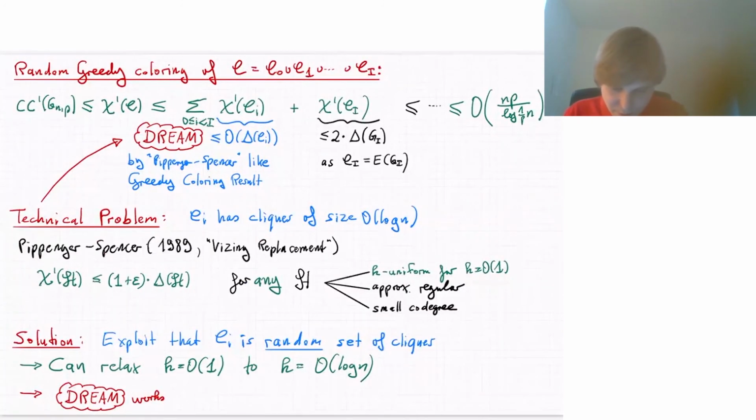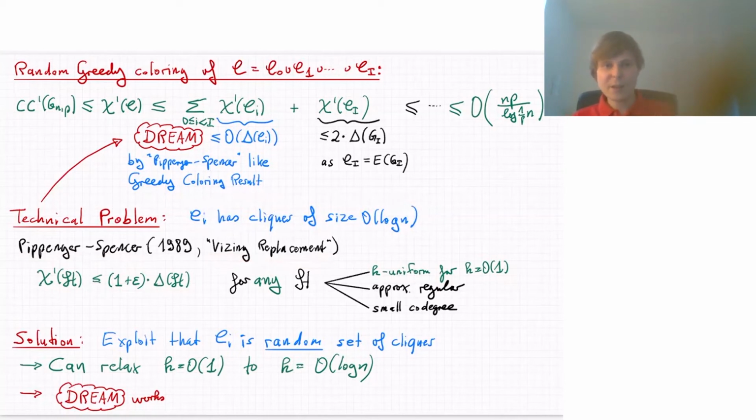What was the problem here with our dream statement? The dream statement doesn't work because these cliques have this large size up to log n. So let me, as a reminder, state once more this Pippenger-Spencer theorem in a slightly informal way, but all the gist is here. I think of it as a replacement of Vizing for normal graphs.